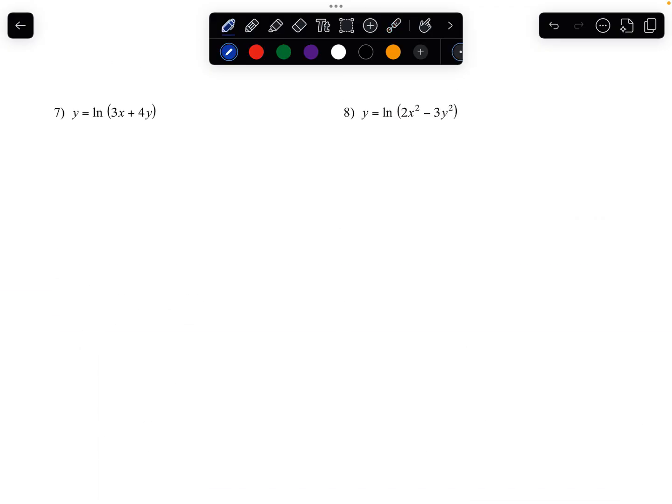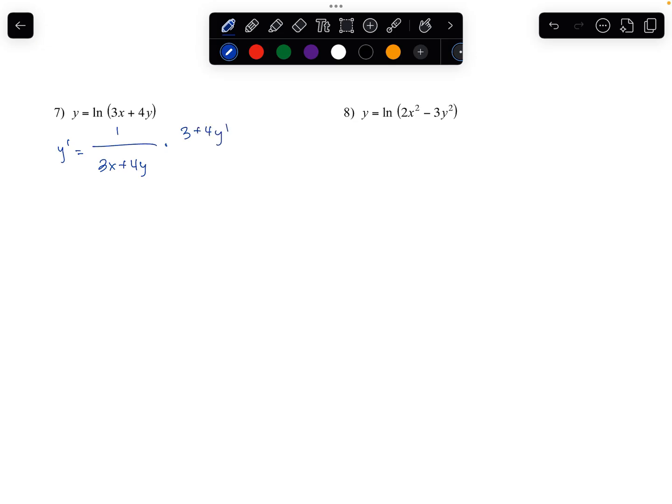So here, we'll just call that y prime equal to the derivative of the natural log. We're going to need the chain rule, by the way. Don't forget that. So we'll have 1 over 3x plus 4y times the derivative of the inside, which would be 3 plus 4y prime.